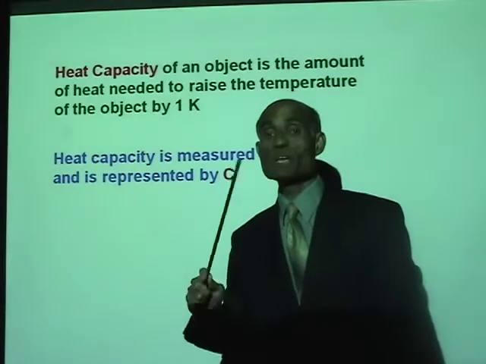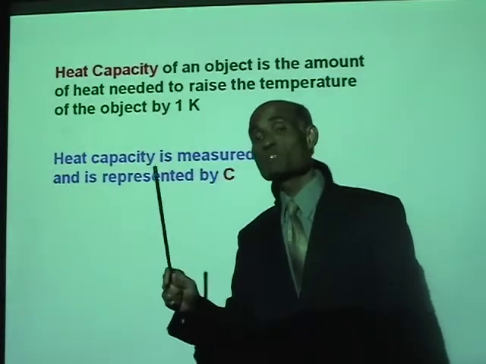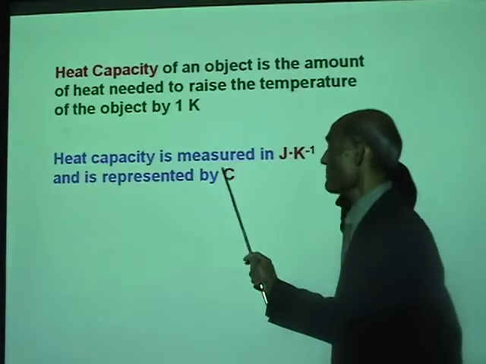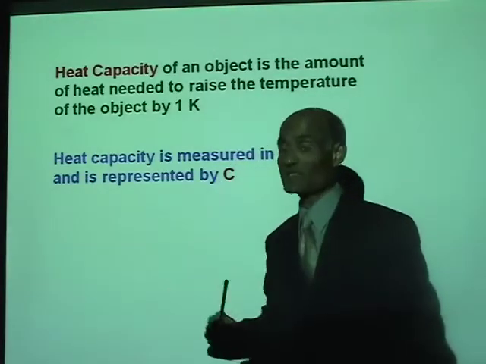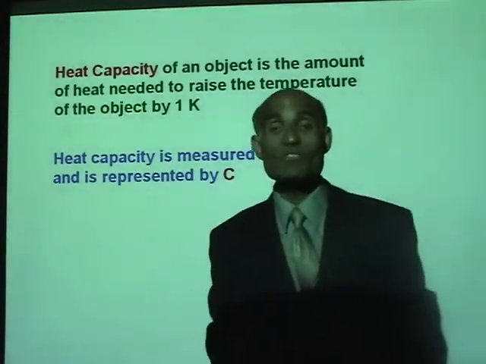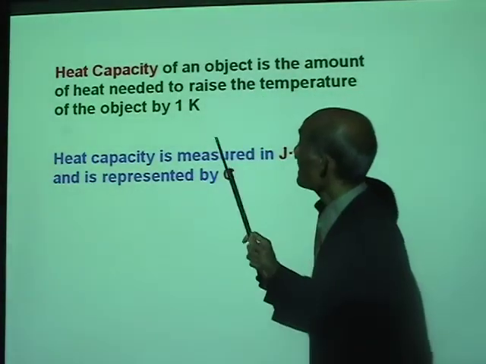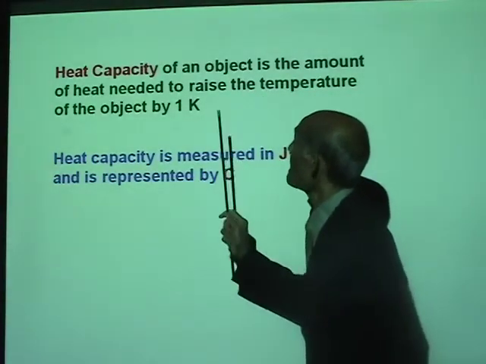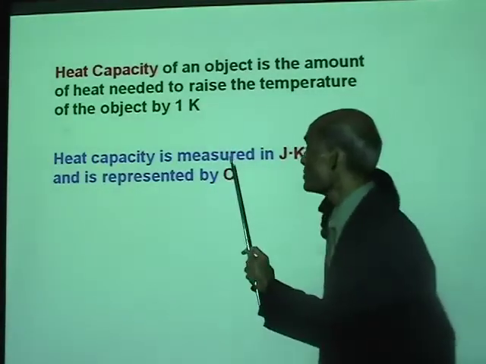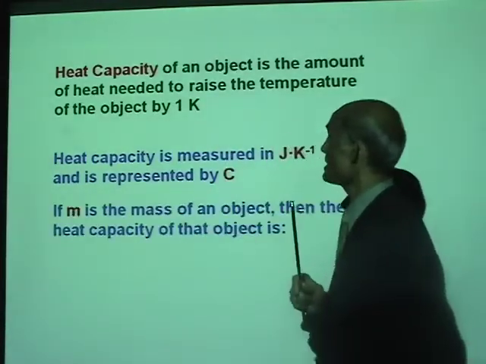Now, distinguish between heat capacity and specific heat capacity. Uppercase C for heat capacity and lowercase c for specific heat capacity. If you multiply the lowercase c by the mass of the object, you must get heat capacity. Is that right?